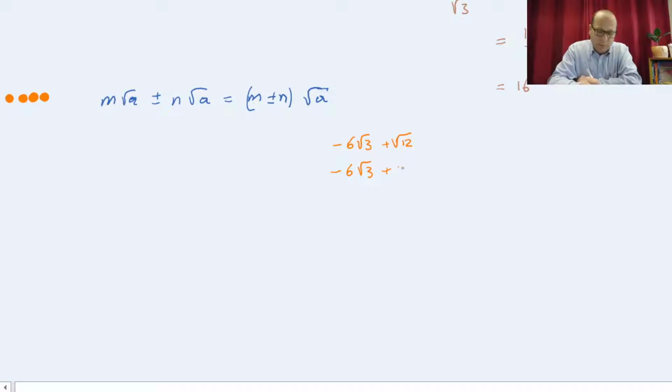Square root of 4 is 2. So I can write it as 2 root 3. Minus 6 root 3 add 2 root 3, that's just minus 4 root 3.